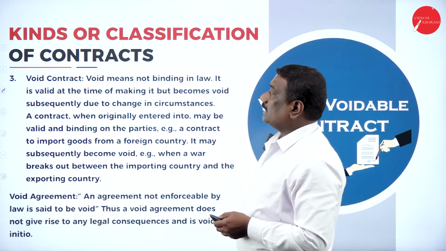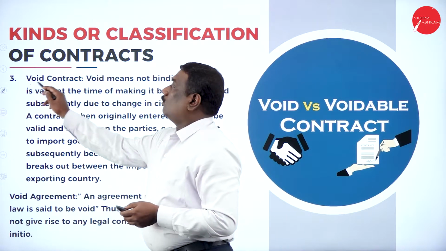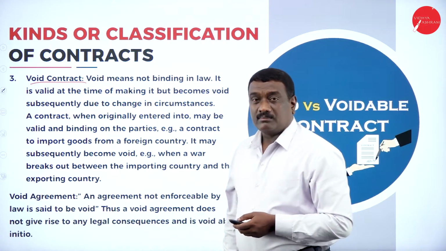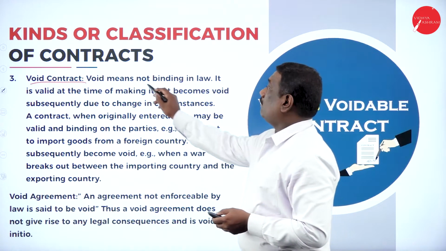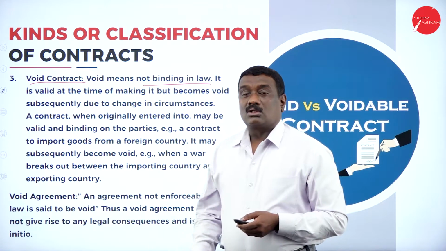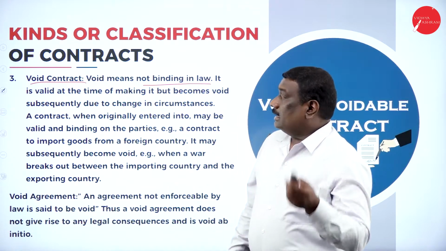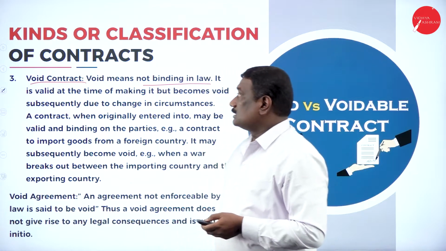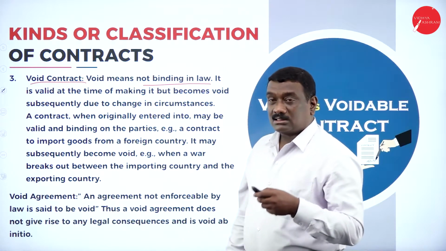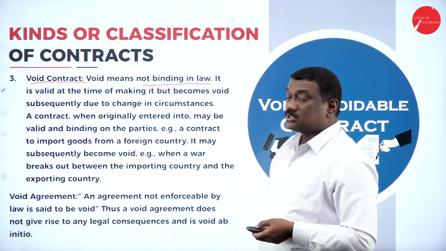Now students, coming to the next type of contract, known as void contract. What does void mean? Void means not binding in law. So the contract is not binding in law. It is valid at the time of making it, but it becomes void.